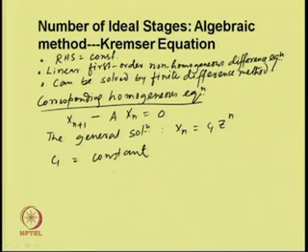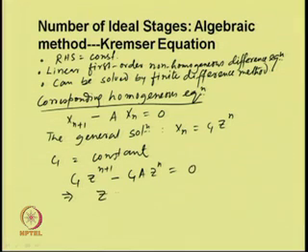If we substitute this equation in the original equation, we can write C 1 z to the power n plus 1 minus C 1 A z to the power n is equal to 0, and from this we can write z equal to A. So, the solution is x n will be equal to C 1 A to the power n.